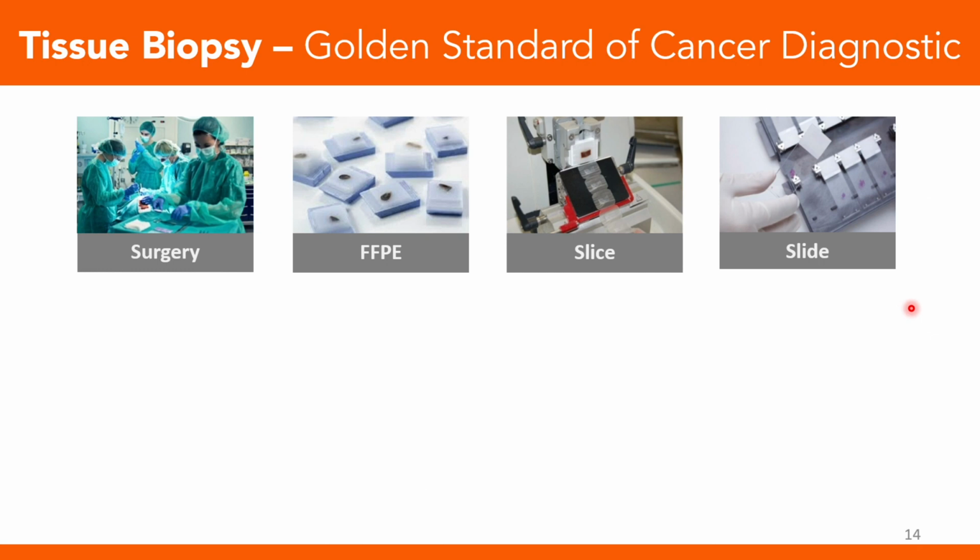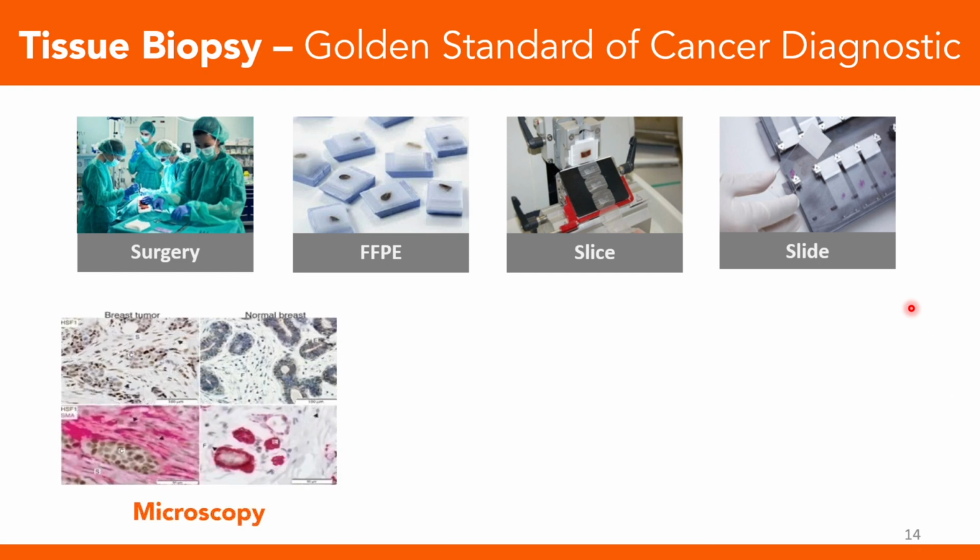Okay, and about tissue biopsy, people know it's the gold standard of cancer diagnostics. If a doctor thinks the patient has some chance of having cancer, normally they ask the patient to have surgery to collect the tissue, make it into FFPE, slice it, then make a slide to do a microscopy test to check if there are any tumor cells inside or if it's normal.